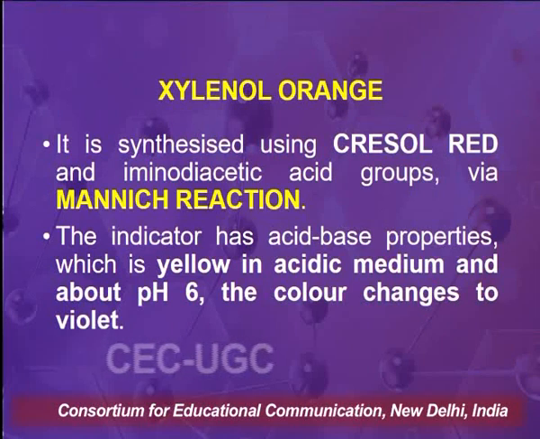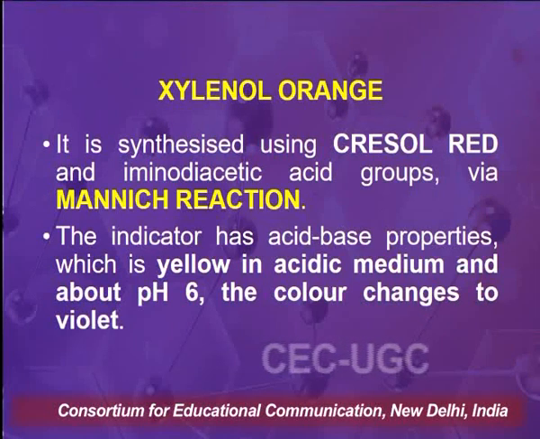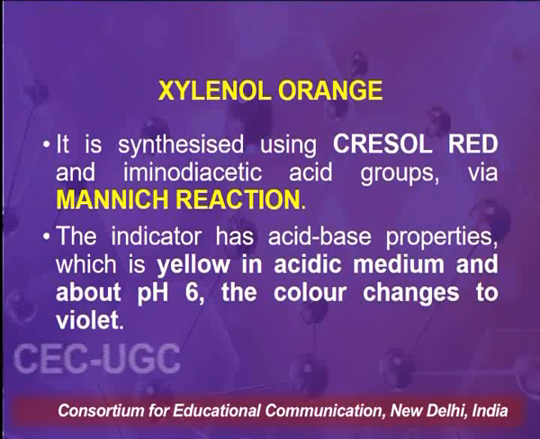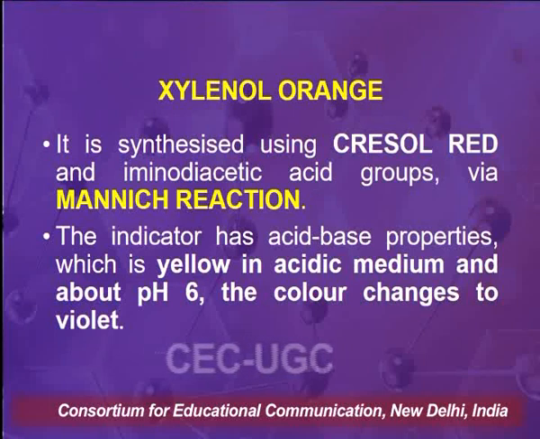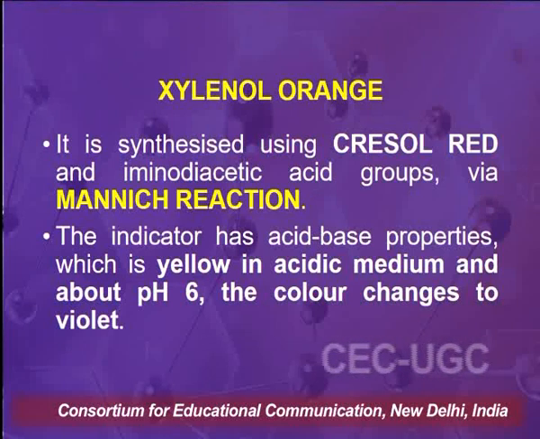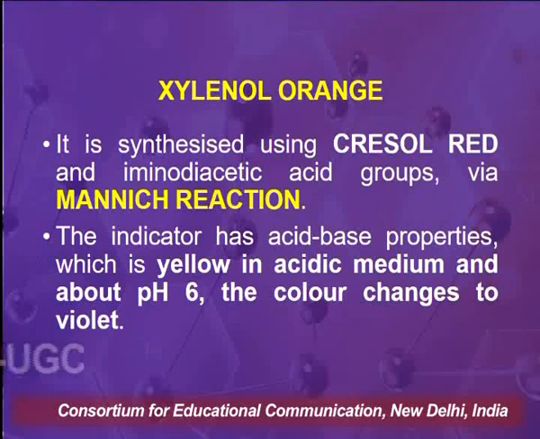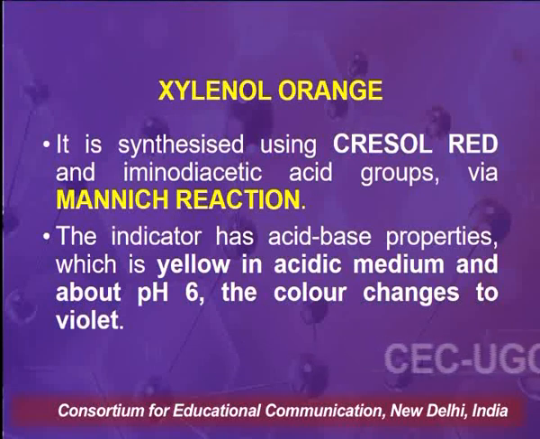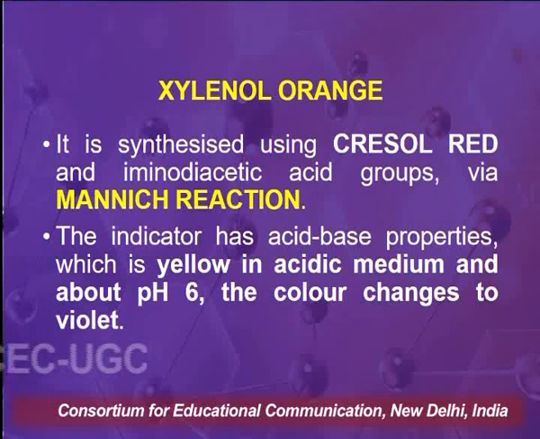It is synthesized using cresol red and aminoacetic acid groups via the Mannich reaction, or as we call it, the Mannich condensation. This indicator has acid base properties, which is yellow in acidic medium, and about pH 6, that is slightly alkaline medium, the color changes to violet.